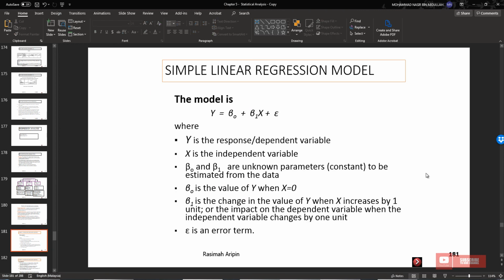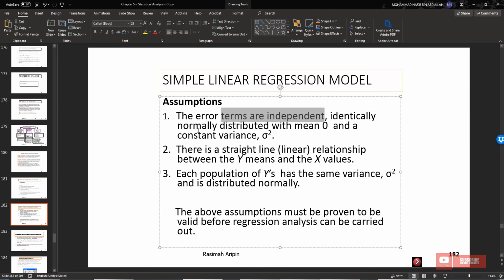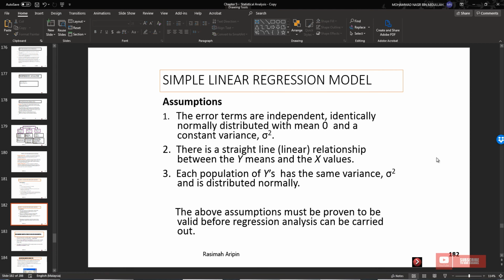So this is the formula for simple linear regression. The assumption for simple linear regression is that the error terms are independent and identically normally distributed with mean equal to 0 and constant variance sigma squared. There is a straight line linear relationship between the mean and the y value.